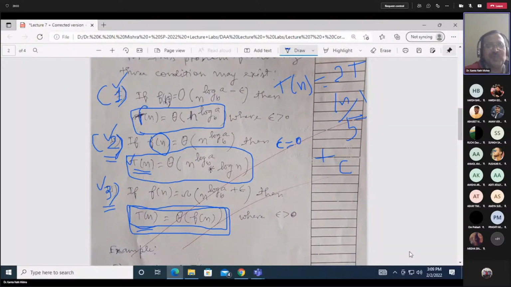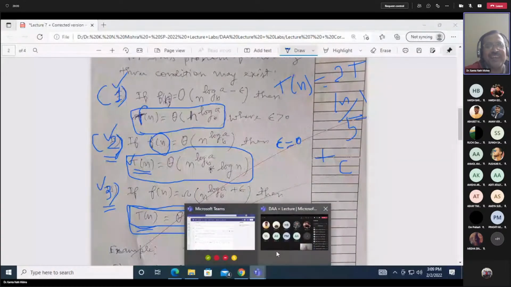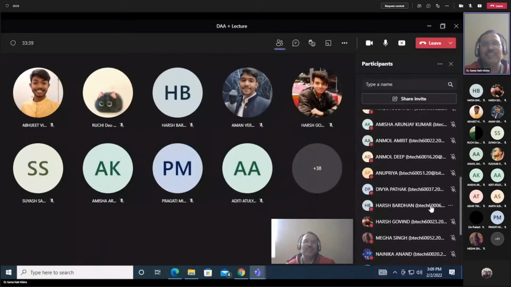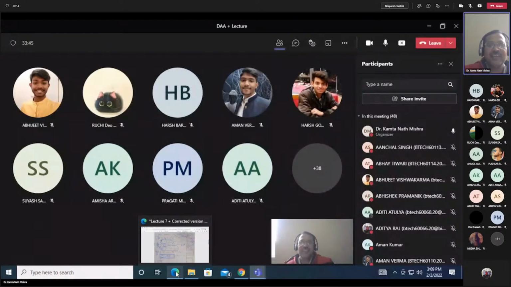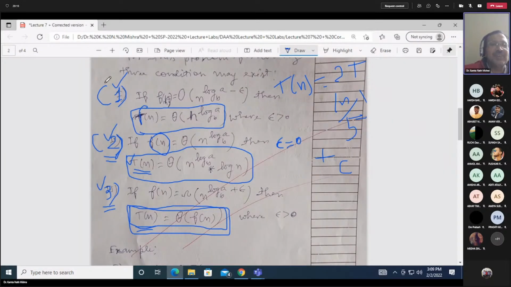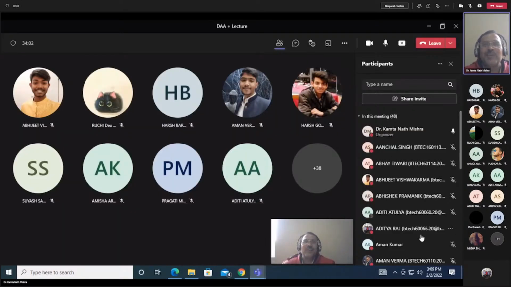Which particular condition was true there? Simple question. Raise your hands. How many people can tell? T(n) equals T(n/2) plus c. Which condition was true there? Condition 1, condition 2, or condition 3? Any guess? Any reply? No one is able to tell.